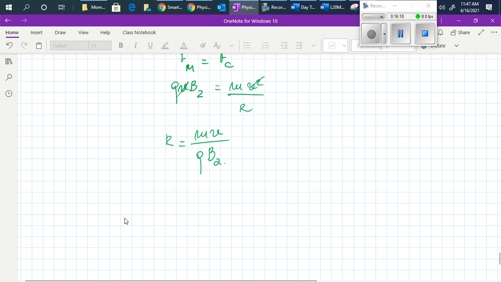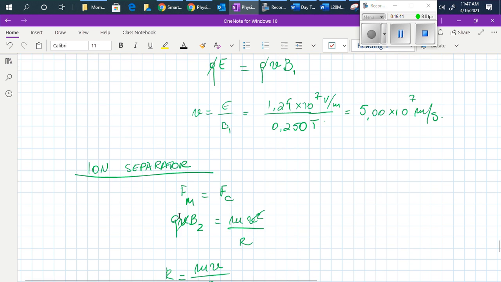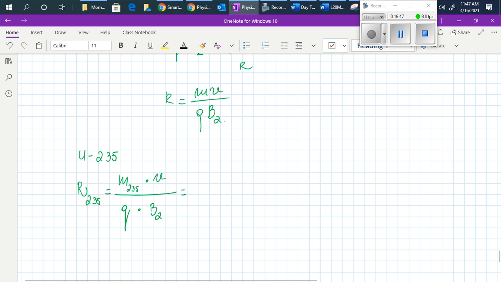Now we have two ions. When we have uranium 235, then the radius of uranium 235 will be mass of 235 times velocity over q of 235 times B2. So we found the mass of 235, which was 3.9245 times 10 to the power of negative 25, velocity of 5.0 times 10 to the power of 7, over charge.